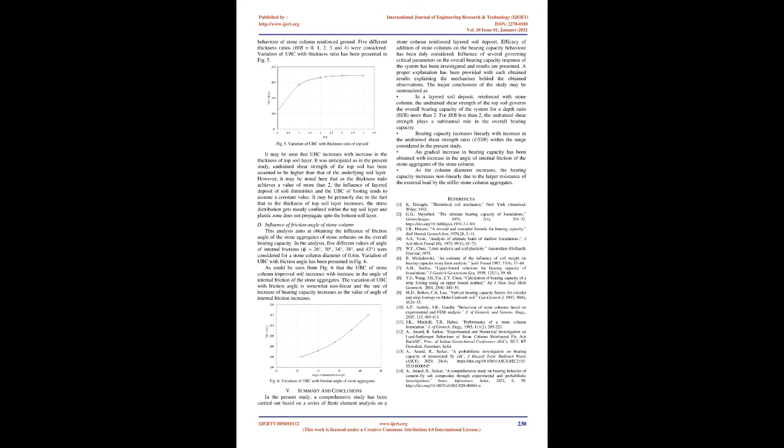Bearing capacity increases linearly with increase in the undrained shear strength ratio, Ussr, within the range considered in the present study. And gradual increase in bearing capacity has been obtained with increase in the angle of internal friction of the stone aggregates of the stone column. As the column diameter increases, the bearing capacity increases nonlinearly due to the larger resistance of the external load by the stiffer stone column aggregates.